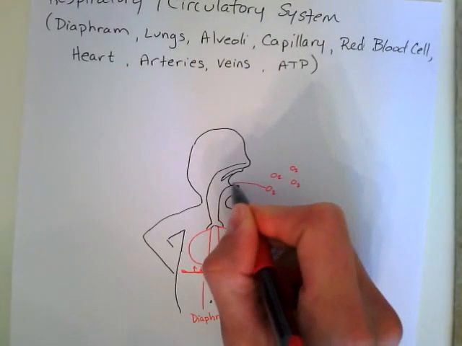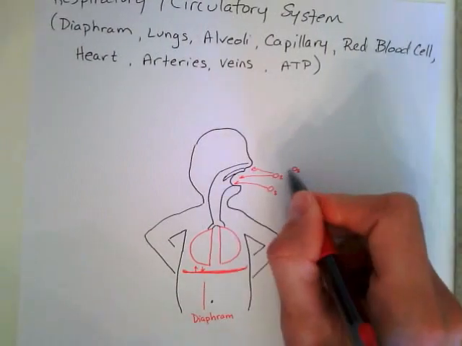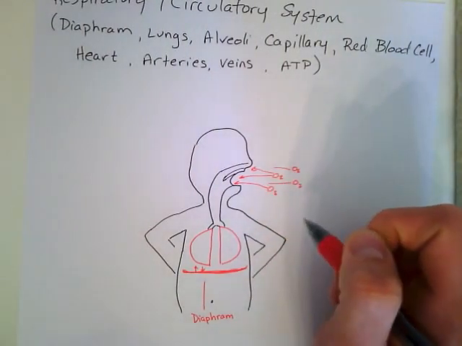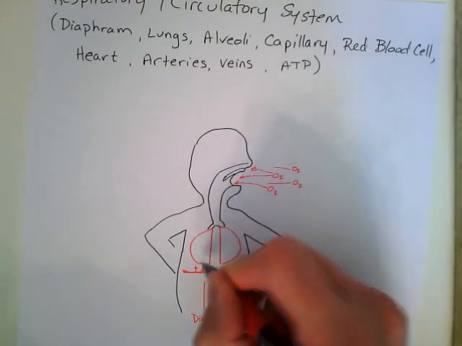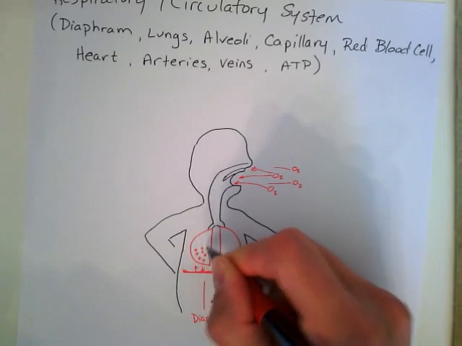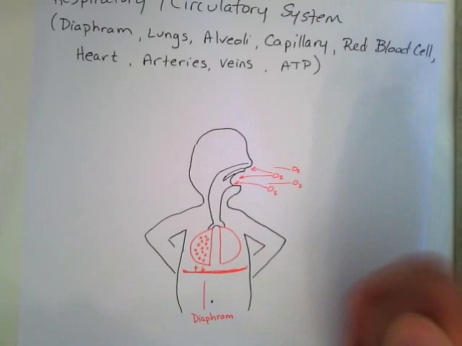It gets pulled in, and others follow. It goes down this tube and then goes into the lungs, and it occupies this space inside the lungs, and it creates this high oxygen concentration inside those lungs.